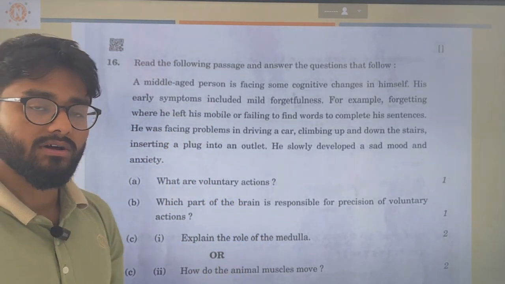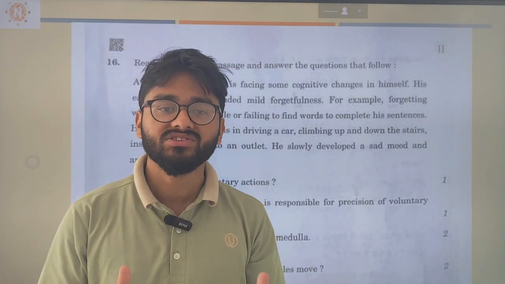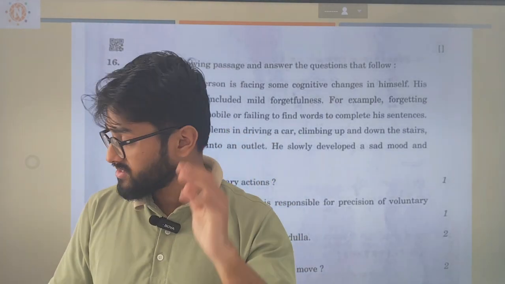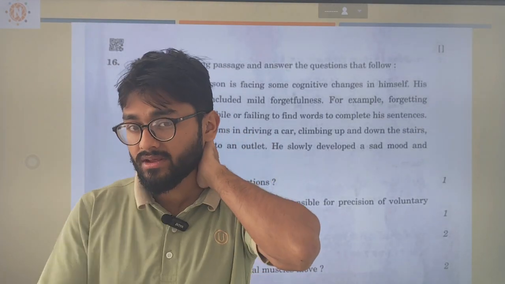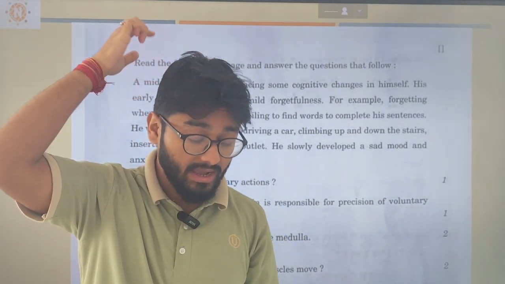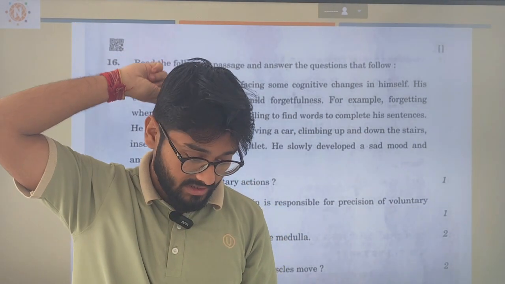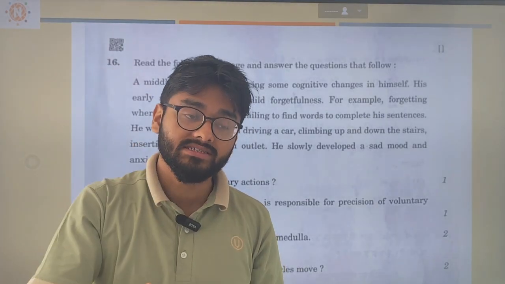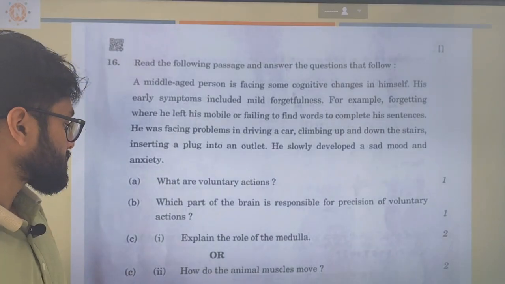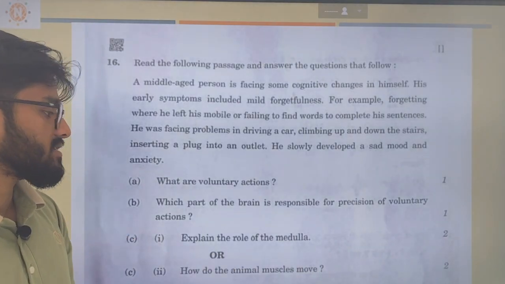Explain the role of medulla. What is this medulla? Medulla is the region that controls your involuntary actions, present just right here. There are three major portions to your brain: cerebrum, cerebellum, and your medulla, a long thin-like structure that goes and connects from pons to your spinal cord. Okay. Now, how do the animal muscles move?